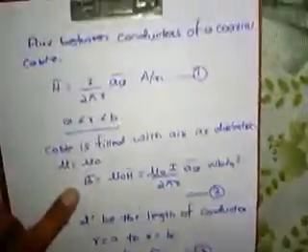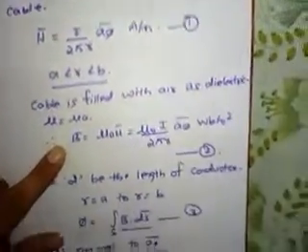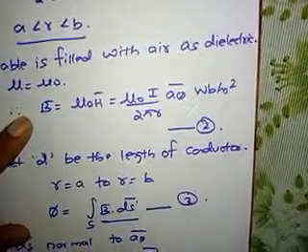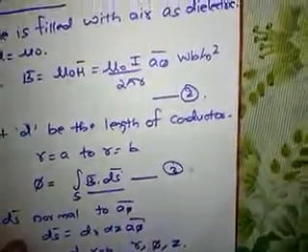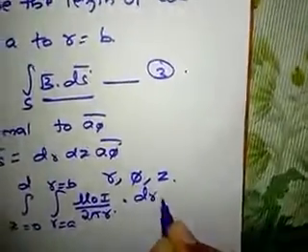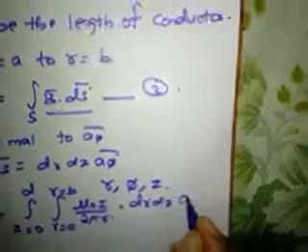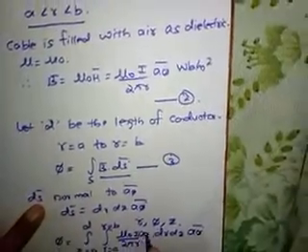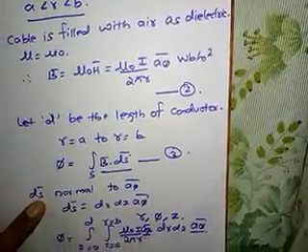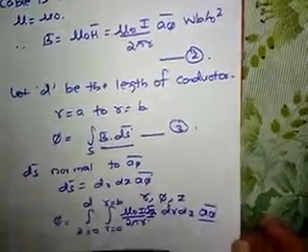You already obtained the equation for B bar: mu naught I divided by 2 pi r a phi bar, dot dr dz a phi bar. The dot product of a phi bar with a phi bar is 1.